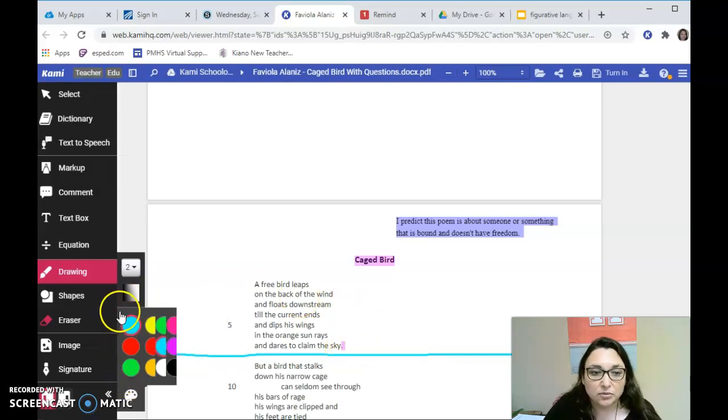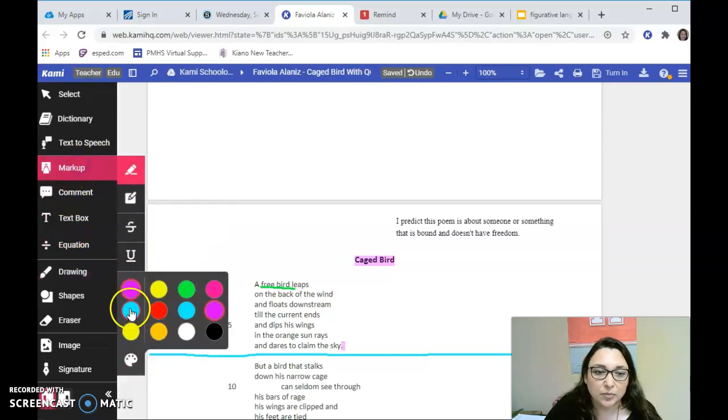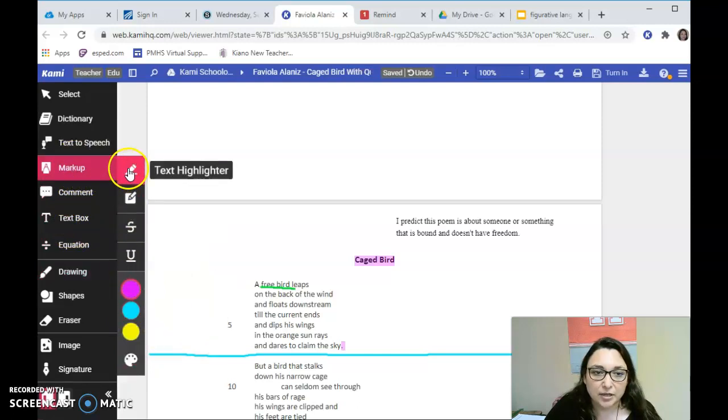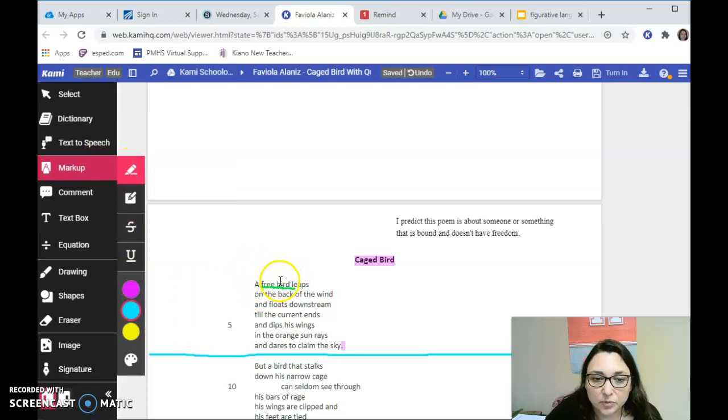First of all, I know that I need to underline my free bird example in green, so I see the free bird right here. Some vivid verbs that I read. I'm going to grab my highlighter here. My verbs are in blue, so leaps is a very vivid verb.